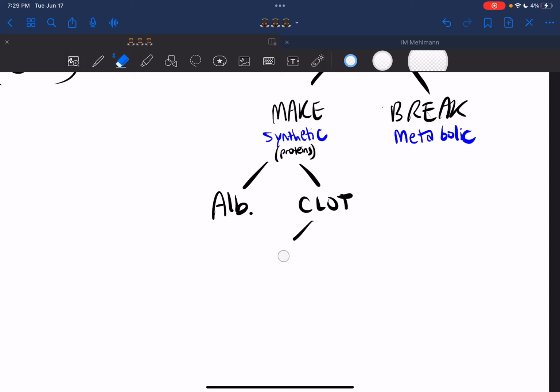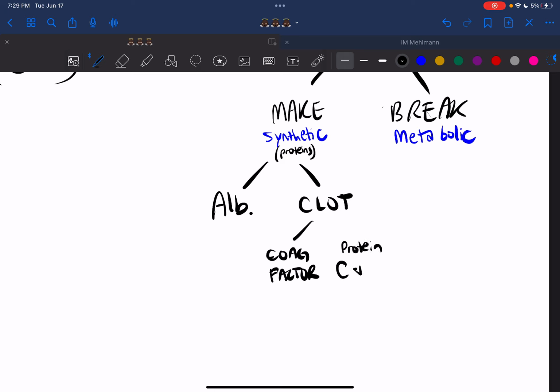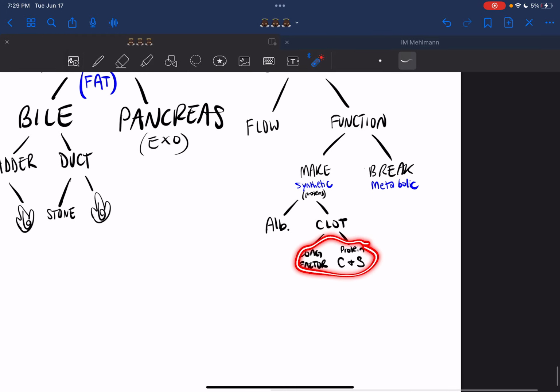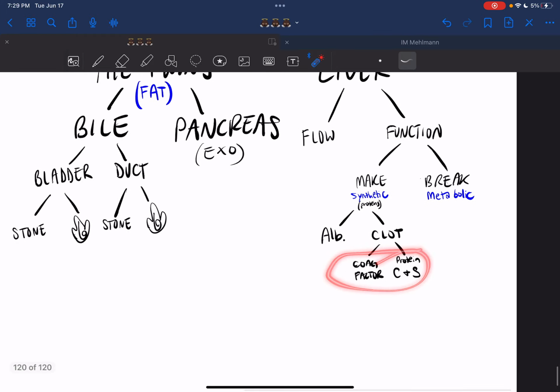And then you have the opposite, which is protein C and protein S, which help you not clot, to prevent clotting. So somebody loses liver function, they can clot too much and they can clot too little. They lose all control over their clotting.